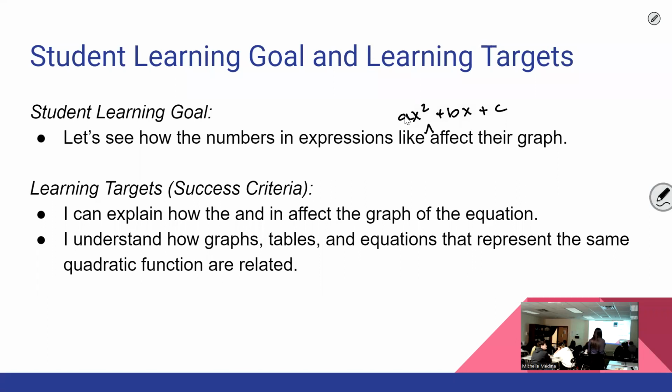They're not exponential. This is the standard form of your quadratic equations. Okay, so we're going to see how the numbers, which would be a, b, or c in that expression, affect the graph. So if by the end you can describe that in words and visually the change, then you're good. So graphs, tables, and equations.